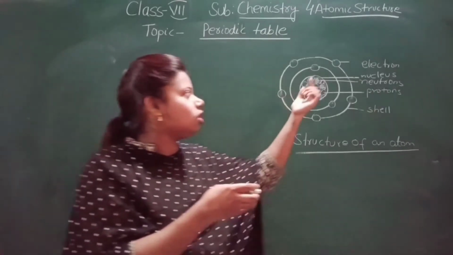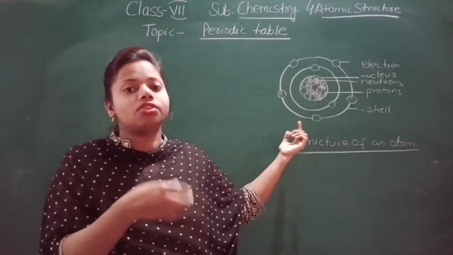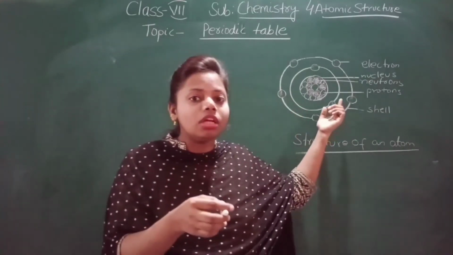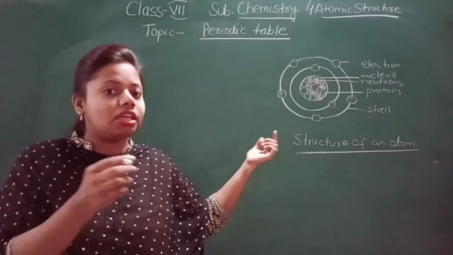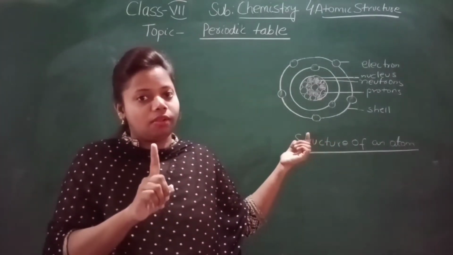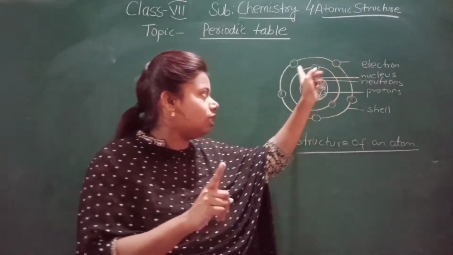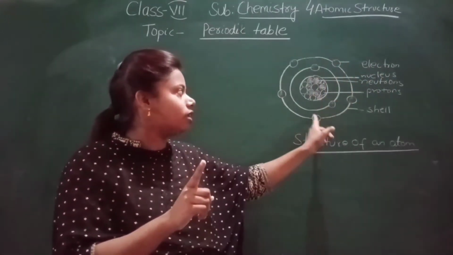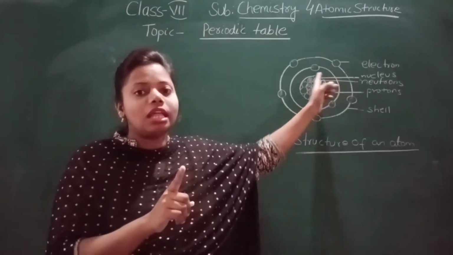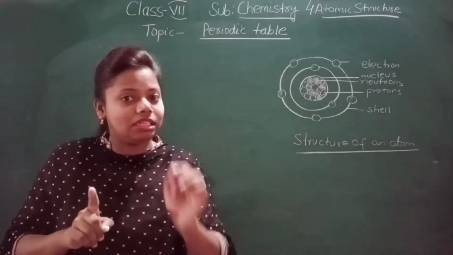The electrons are revolving around the nucleus, and they revolve according to their energy level. This is one electron, so I have written electron, and these many are the electrons. These electrons revolve around the nucleus according to their energy level.